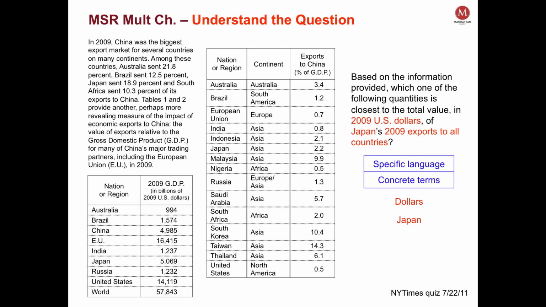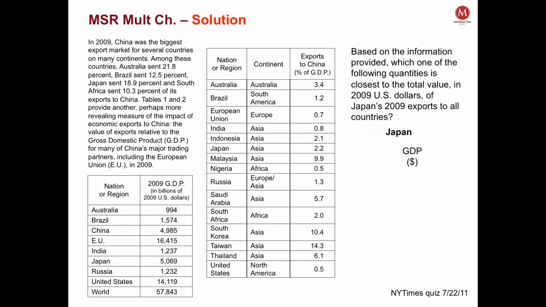That's dollars, and somehow we've got to take a percentage of that. And we need the entries on Japan. Exports to all countries. Okay, I think that's what makes it tough. And we can just ignore 2009, right? Because everything's about 2009. Okay.